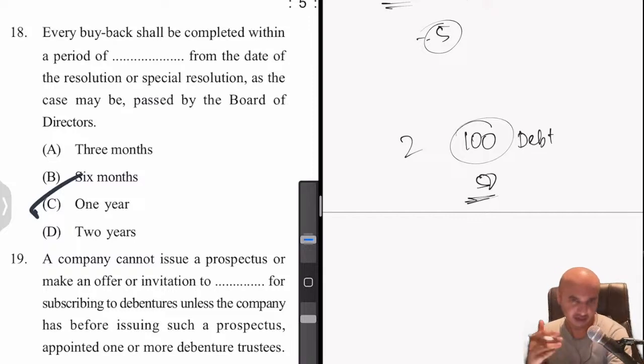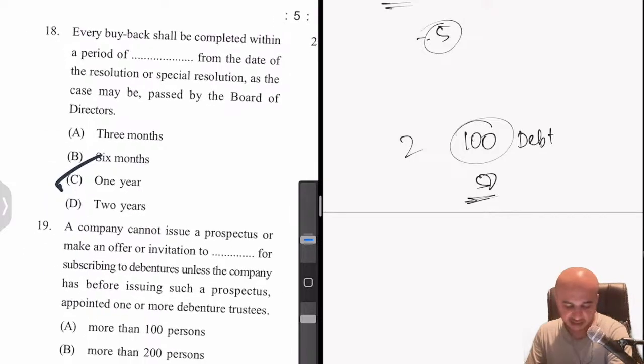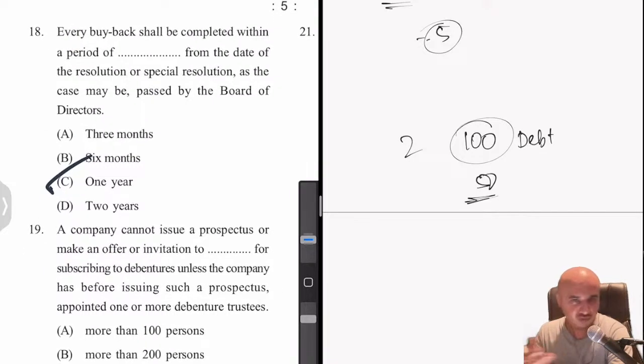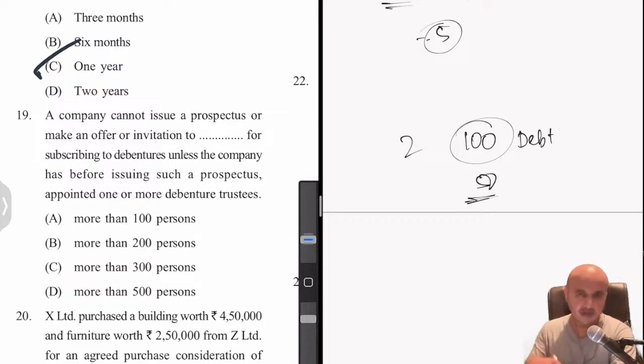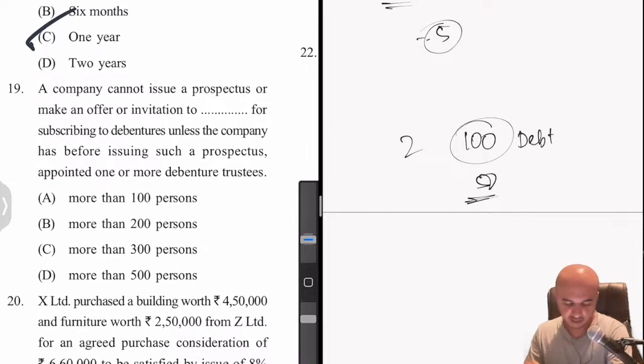Much of what we study in CMA also depends on how you have studied company law. So especially the accounting part in company law, at least that you should study. I would suggest, if you are preparing for CMA, also side by side read company law. Even though you are not appearing for M1, you can still read it, which will also be helpful when you decide ultimately to appear for M1.